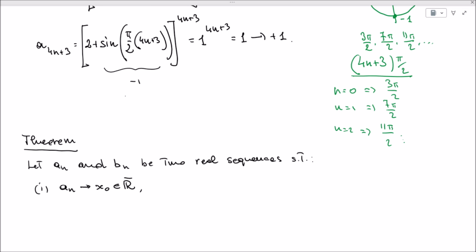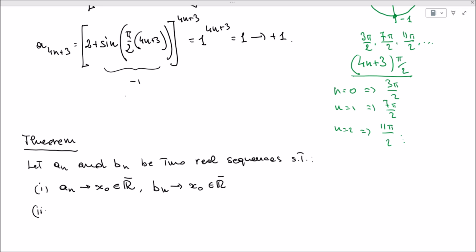So the first sequence tends to a limit x0, which can be finite or infinite, and the second sequence bn tends to x0, the same limit in the extended real line. And again, also this limit can be infinite or finite. The important thing is that these two sequences tend to the same limit.